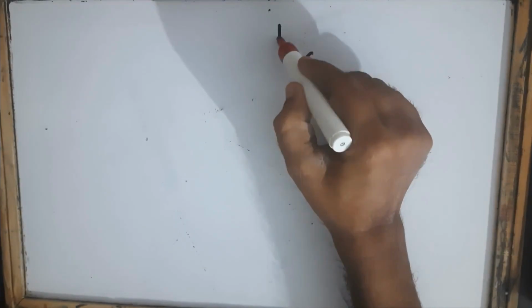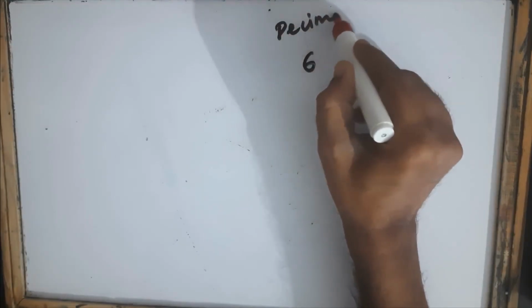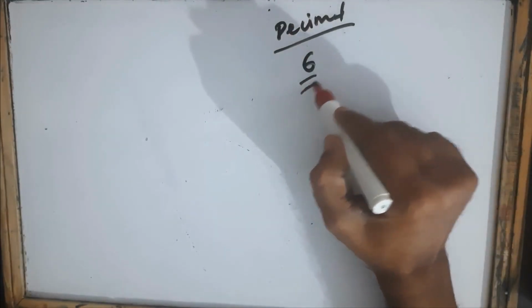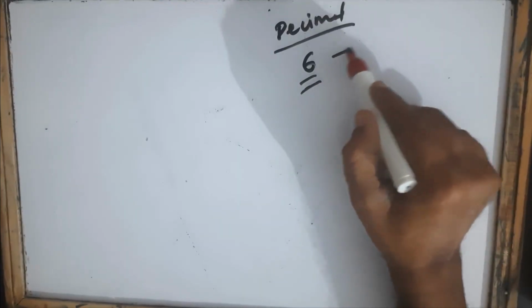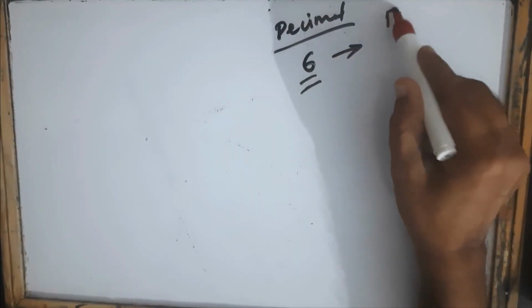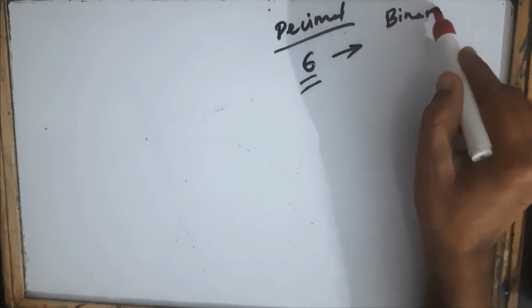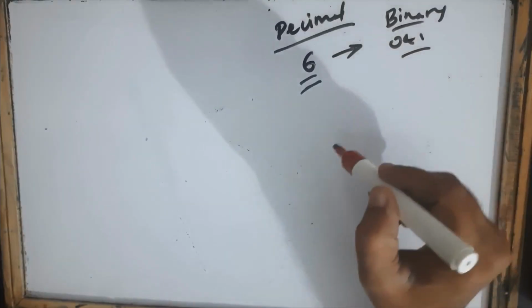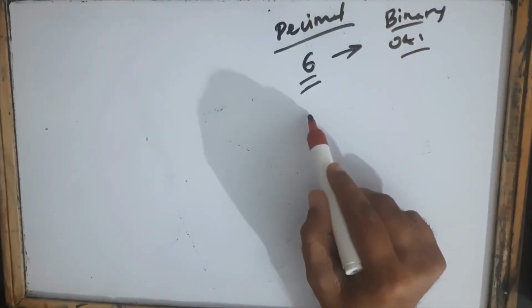that means decimal format, we are given 6. We know that 6 we can understand. This will be converted to the binary system, where only 0 and 1 will be available. How do we convert?